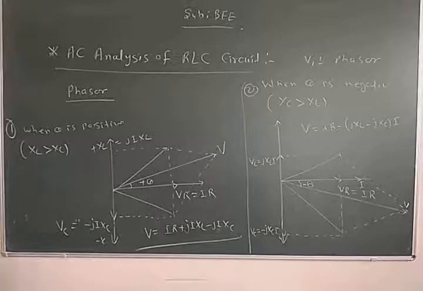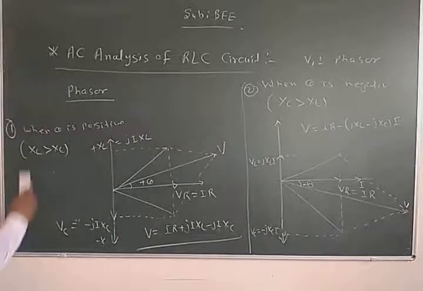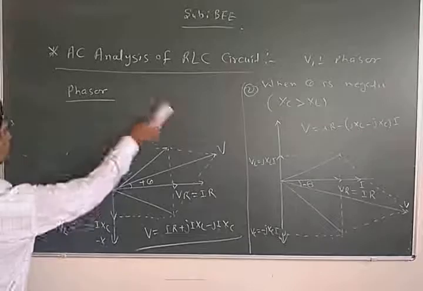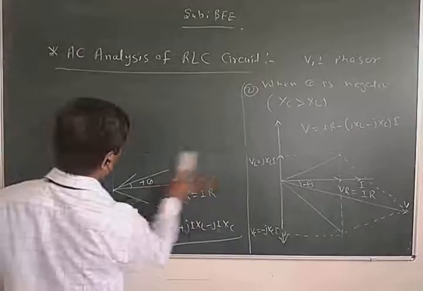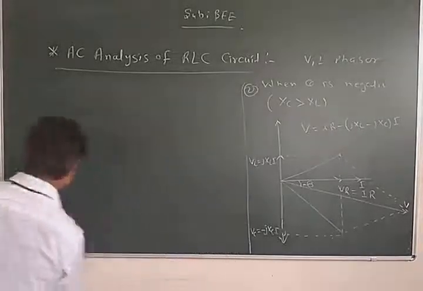So this is the phasor representation of voltage and current in the case of a series RLC circuit. Now next we discuss some problems associated with the RLC series circuit.